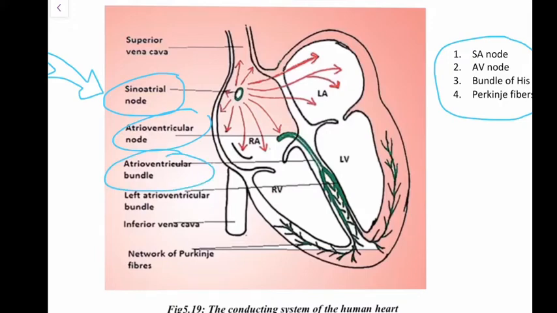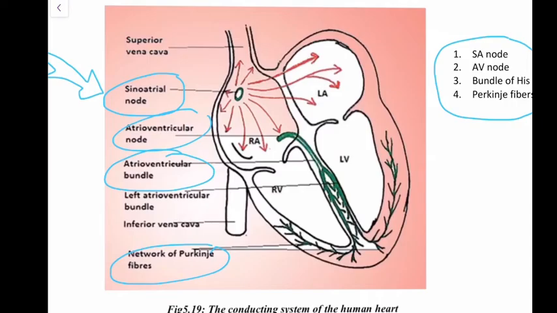Now this bundle divides into two branches, left and right, and then into these small fibers known as Purkinje fibers. They travel via the interventricular septum towards the apex of the heart, and then, as you can see here, spread throughout the cardiac muscle of the ventricles.